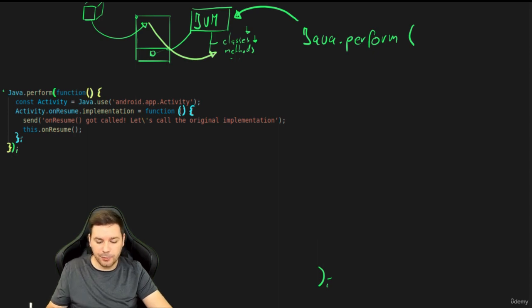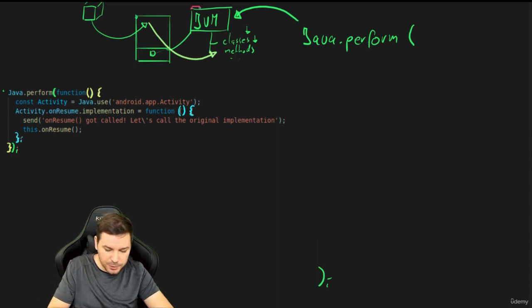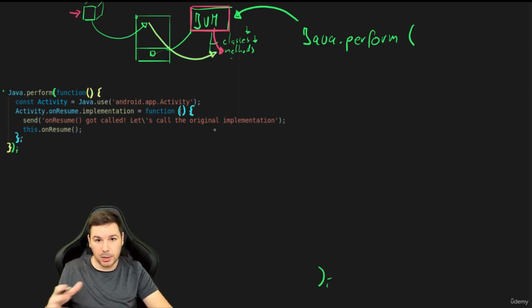By using Frida, we can hook into this Java virtual machine and say, we want to override this method which this application is using. Then when the application calls this method, we override it with the stuff we want to do in this function. All right?